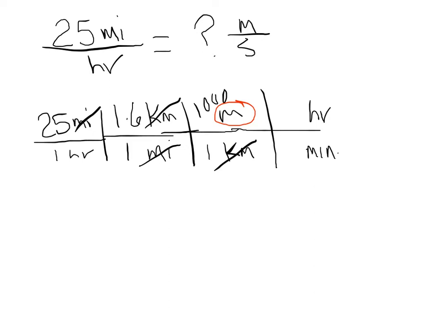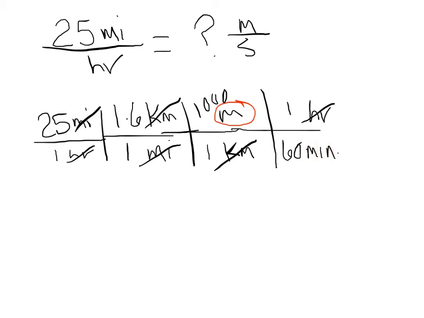Notice how I abbreviate minutes, M-I-N, period, so as not to confuse it with miles, M-I. Now, which one's bigger? 1 hour is the same thing as 60 minutes. An hour divided by an hour is 1. That cancels it out.